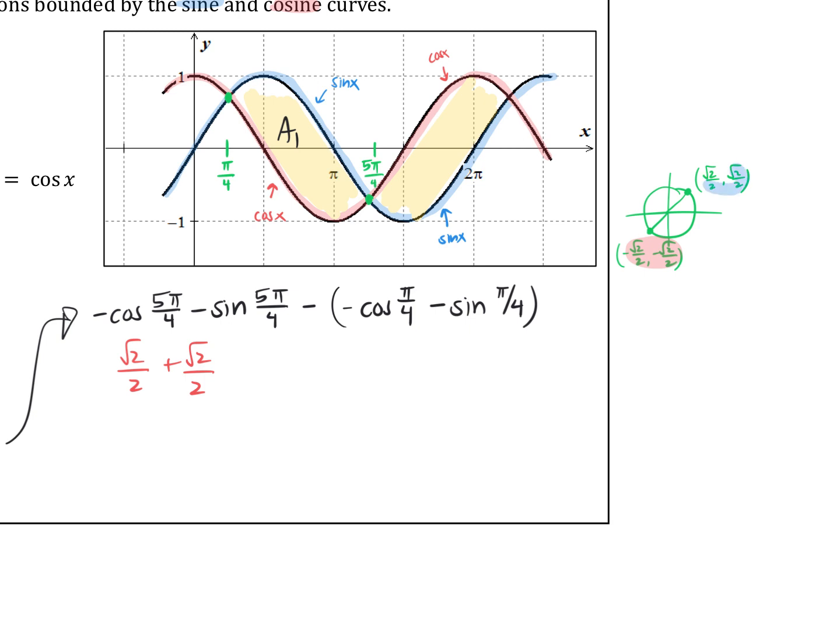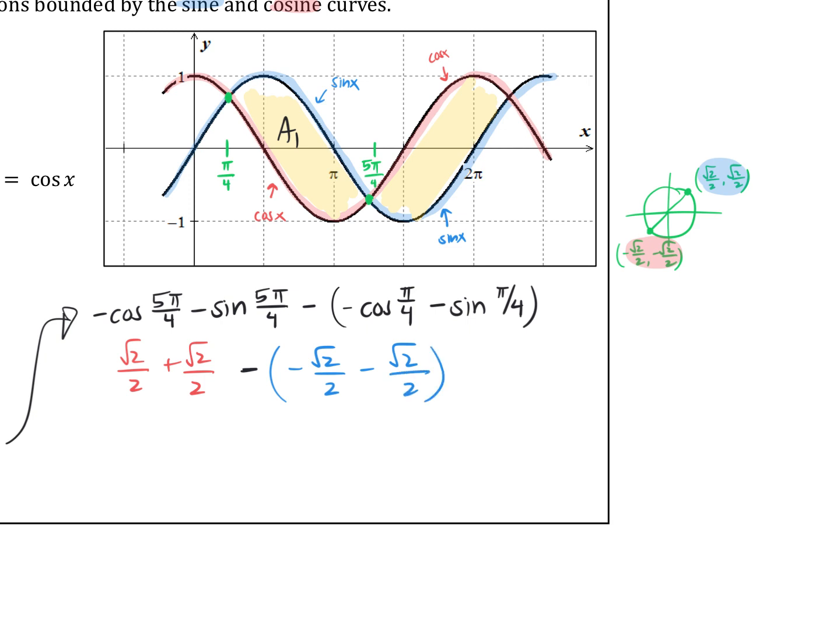Okay, so if I look at my pi over 4 coordinates, those are both positive. So it's positive, but there's a negative in front, right? So it's negative square root of 2 over 2, and then minus square root of 2 over 2.